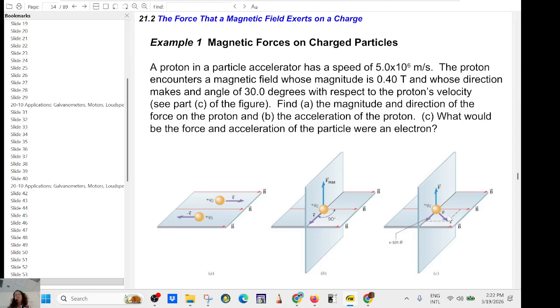Now, if there is an angle here, let's say 30 degrees, then you do the same thing, but you multiply by sine 30 degrees. So it's going to be Q, V, times B, times the sine of the angle between V and B, so sine 30 degrees.